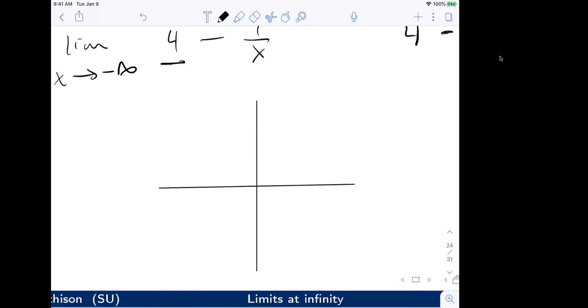Good enough. 3x minus 1 goes through 0, minus 1, 1, 2, 3 over 1. And so 3x minus 1 is doing that. Does it look like that's going to settle down to any one number as x goes to negative infinity, all the way to the left? No, right? The top is going off to negative infinity.